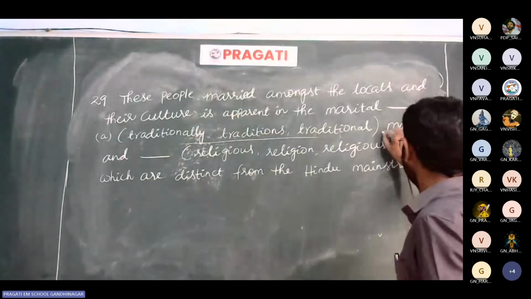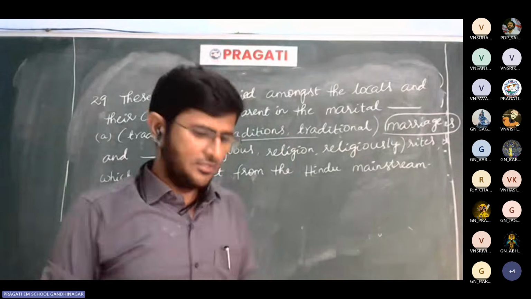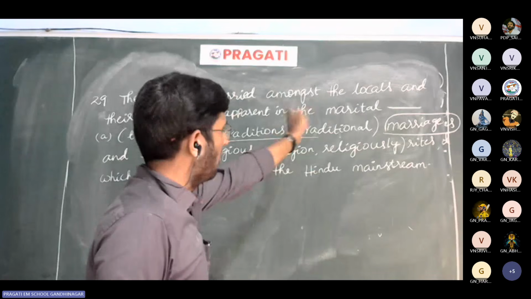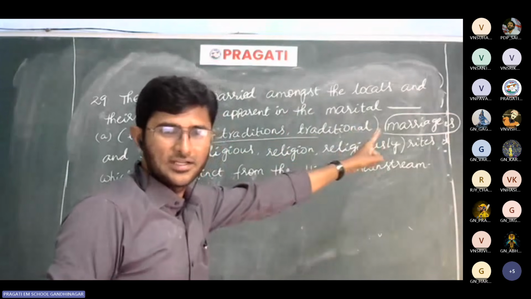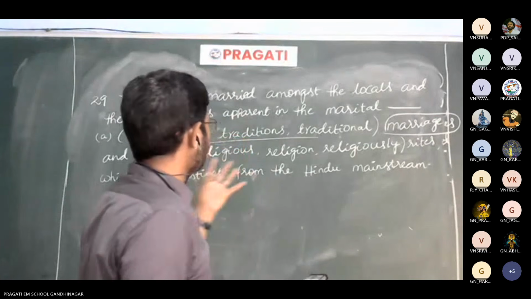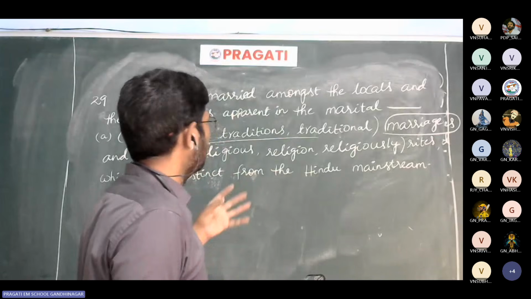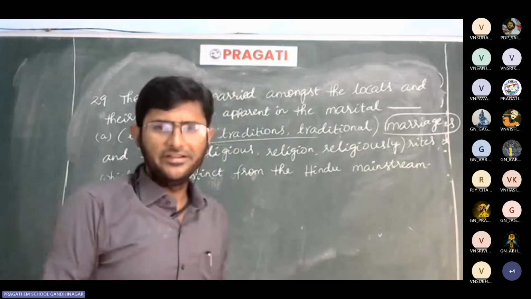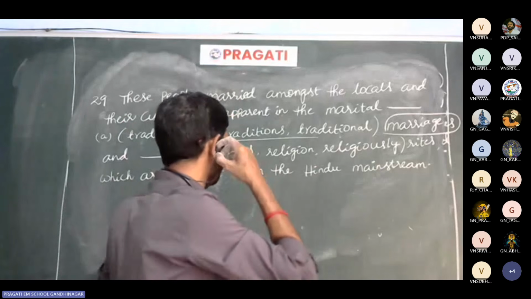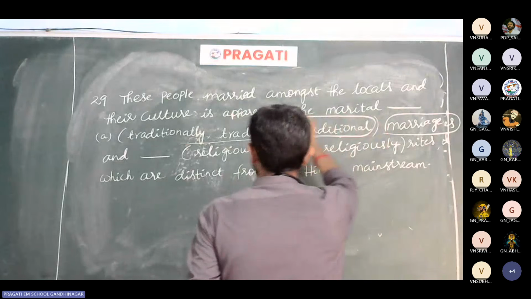So what is the word that follows? That is marriages, right? So you see what comes before marriages. So do we say traditionally marriages or traditions marriages or traditional marriages? It is obviously traditional marriages, right? Okay, not traditionally marriages. So the right answer is traditional marriages.